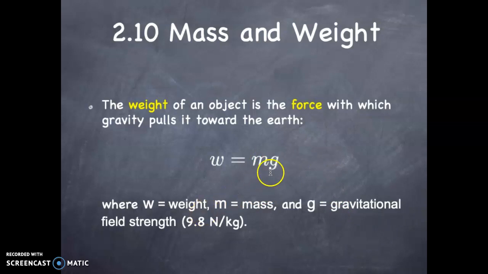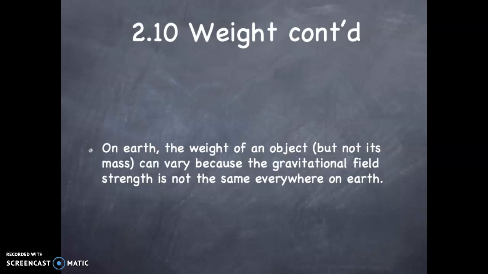We call it g. It is 9.80 meters per second squared at the surface of the Earth. It gets smaller and smaller as you move higher and higher, farther away from the center of the Earth. But on the surface, it's 9.80 meters per second squared, or 9.80 newtons per kilogram.